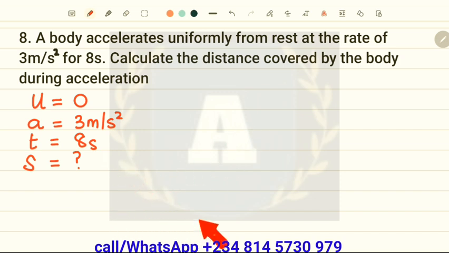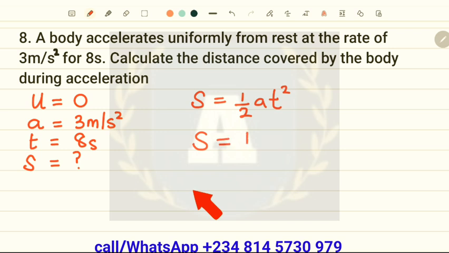So using the relationship that says s equals 1 all over 2 at squared. We didn't put ut because initial velocity is 0. So s will therefore be equal to 1 divided by 2, acceleration is 3, multiplied by 8 squared.